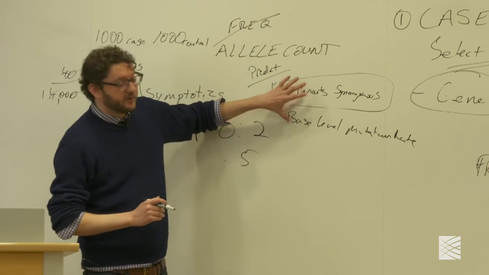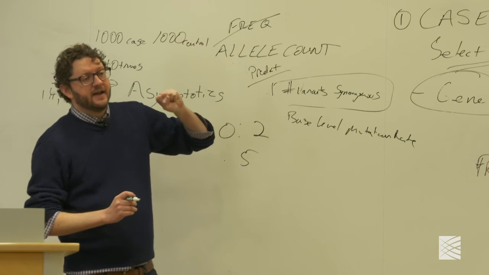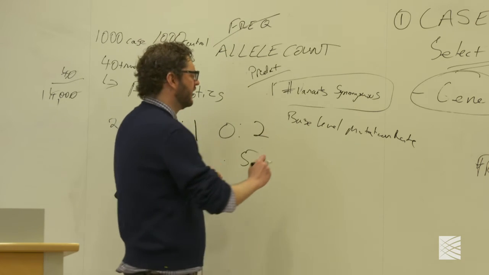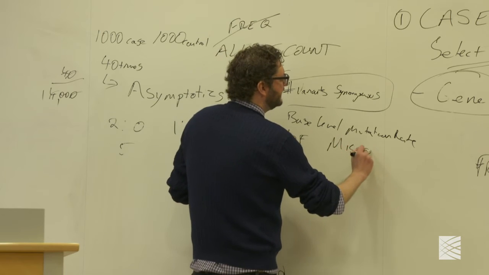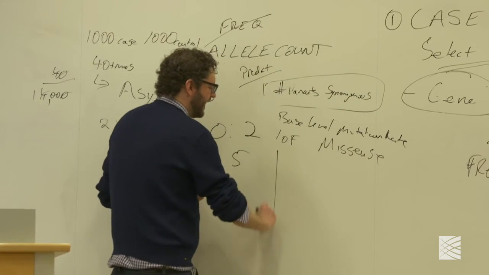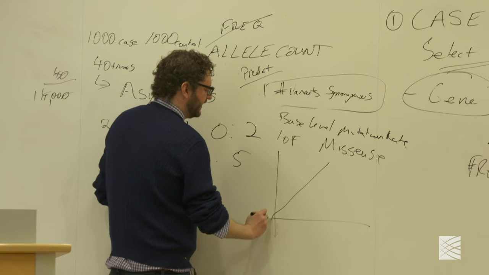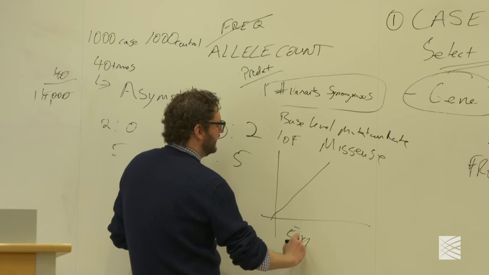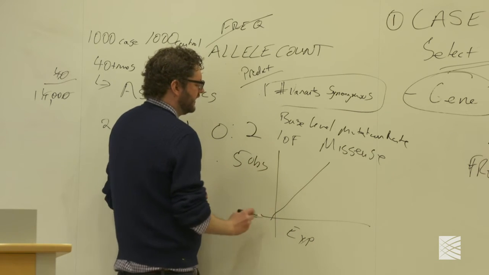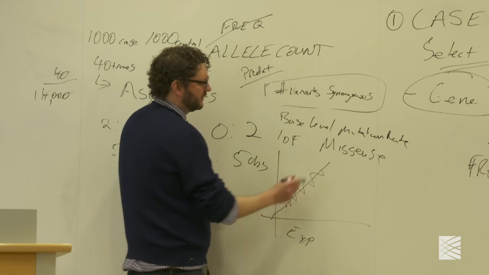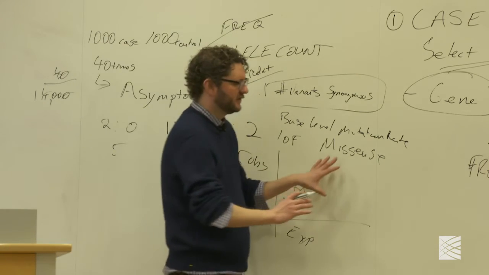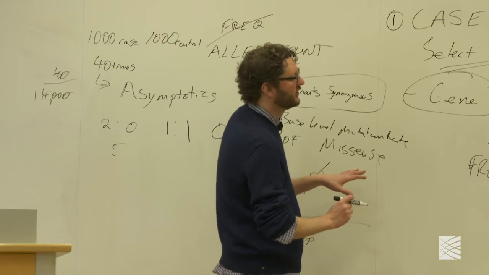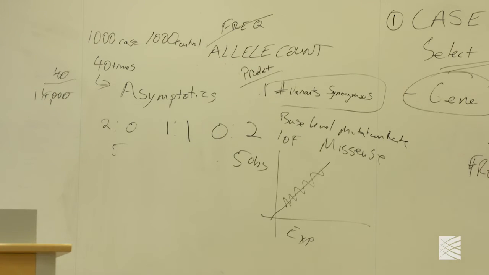When we take the parameters that we get out of this model and apply them for loss of function and for missense, what we see for every gene is our expectation versus our observation. For synonymous variants, everything works pretty well. I don't know if that's easy to see, so I'll draw what we see over here.